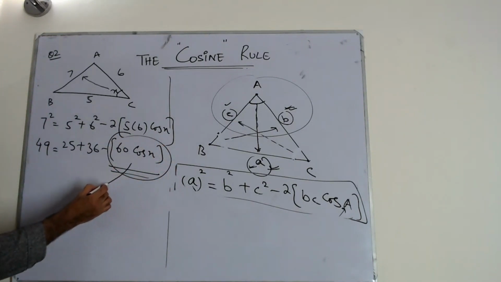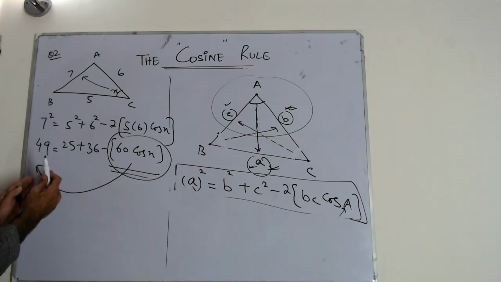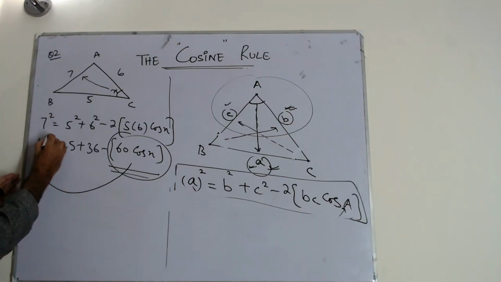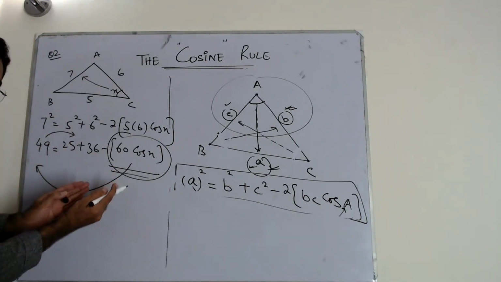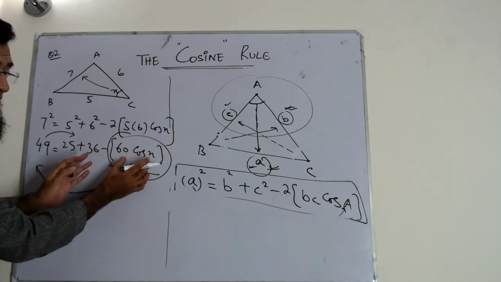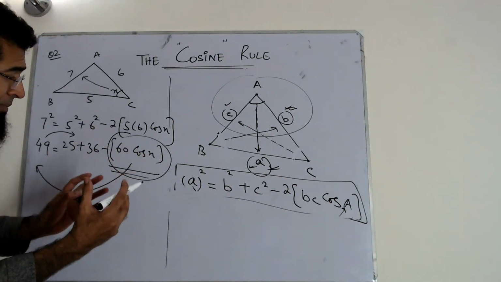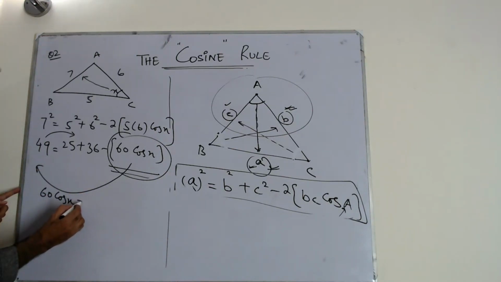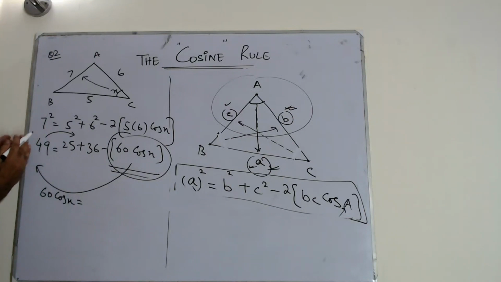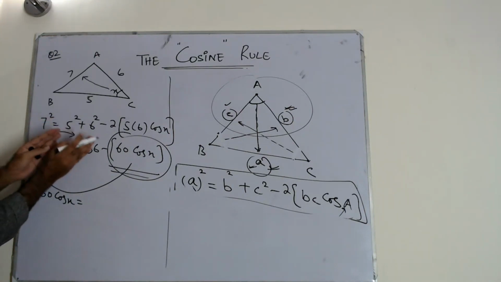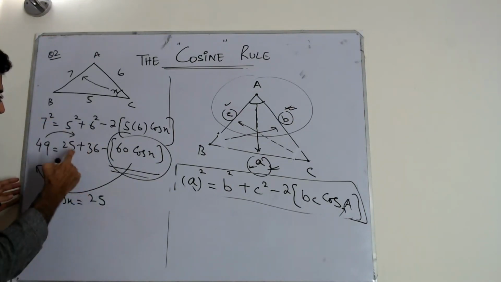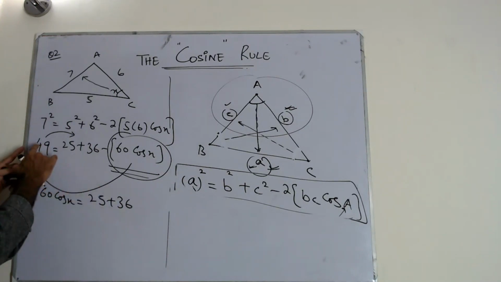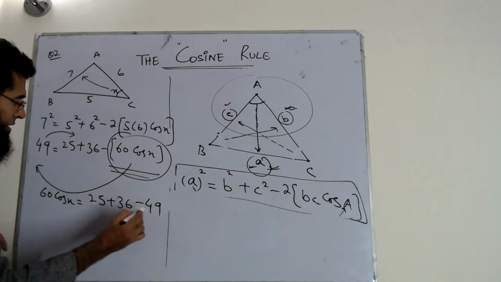So we take this value on the other side of the equation and shift 49 to the right hand side so that you can make the angle the subject. As a result, you get 60 cos x on the left hand side and 49 shifted to the right, so 25 plus 36 minus 49, right beta?